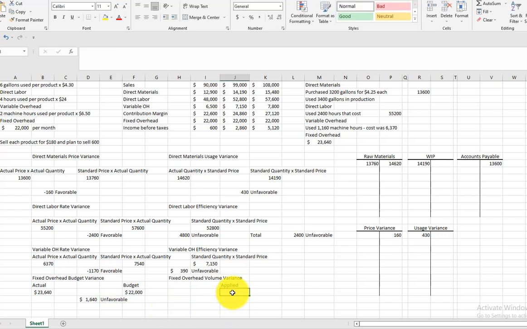And our applied would be this formula. 22,000 divided by 600. That's what we planned to sell. Times what we actually sold.